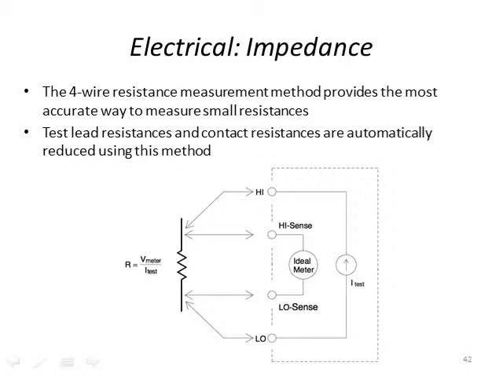And this way, the effect of the terminal resistances is just contained in the high-low test current circuit, and you're just measuring the voltage across your device. So the four-wire measurement is a little more complicated, but you eliminate the effect of the test leads.